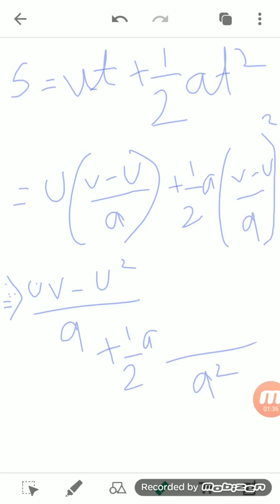So (v minus u) the whole square is v square plus u square minus 2uv. Okay, so after opening, we will get this one.